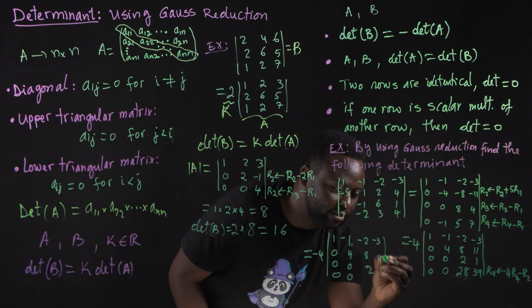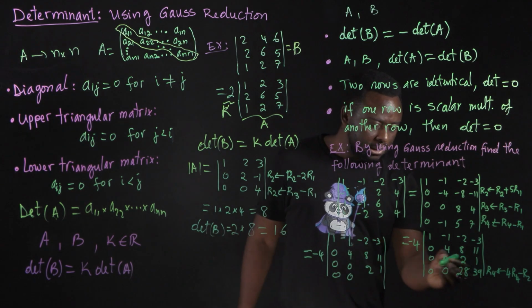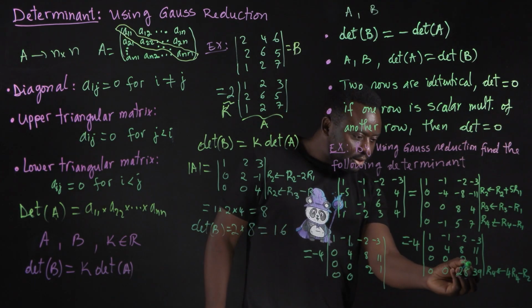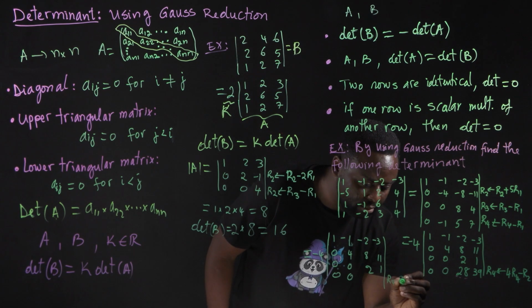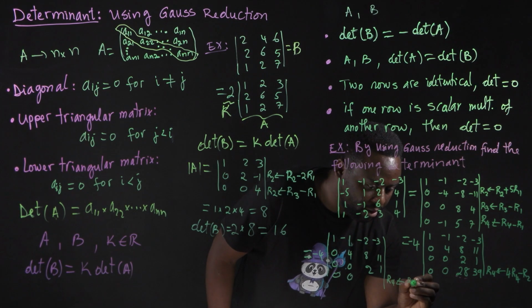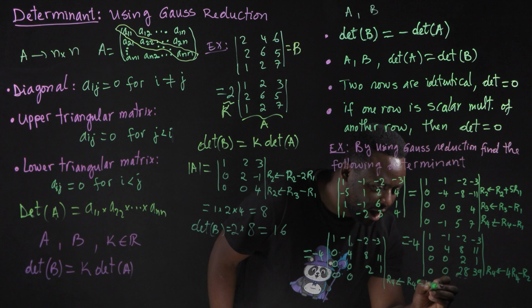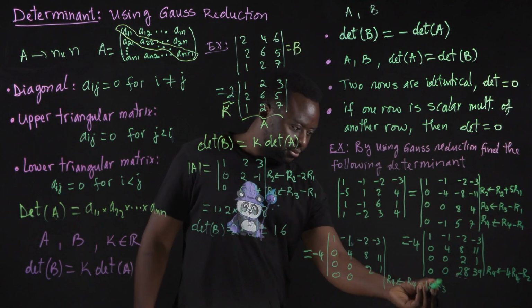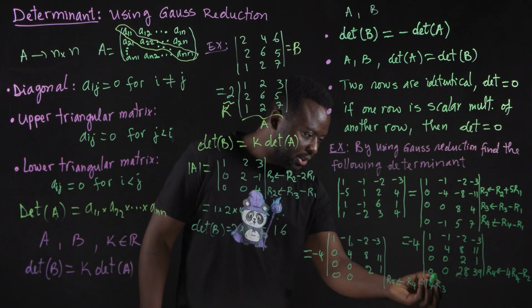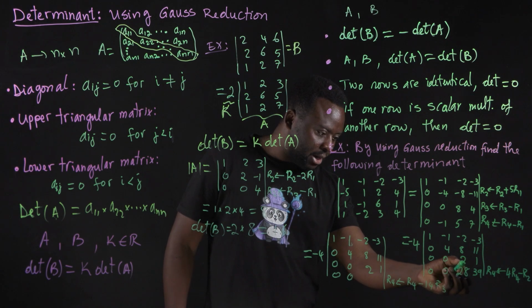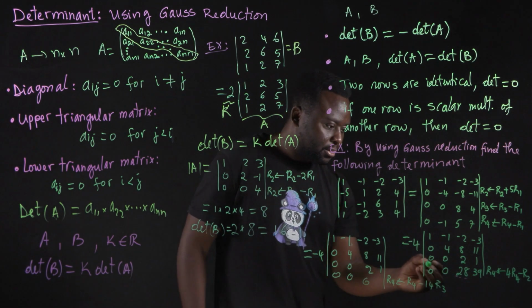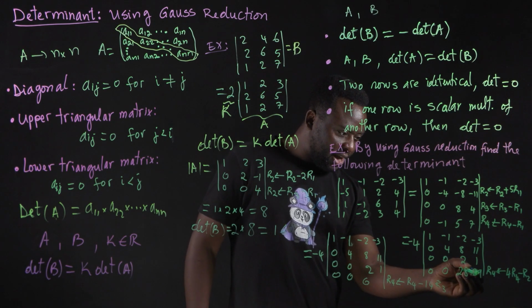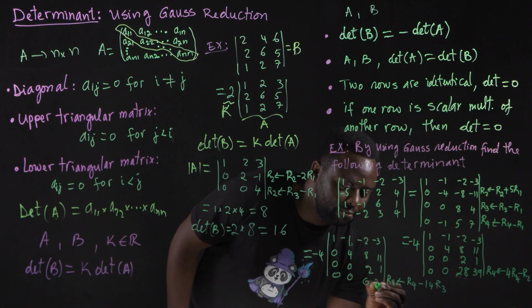We want to get rid of this 28. Well, I can use this third row. If I say R4 becomes R4 minus 14 R3, if you do the multiplication, this is 28 minus 14 times 2. This will give 0. The second one is 39 minus 14, which is 25.